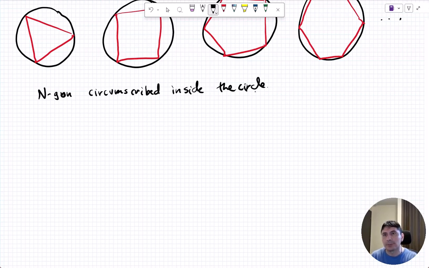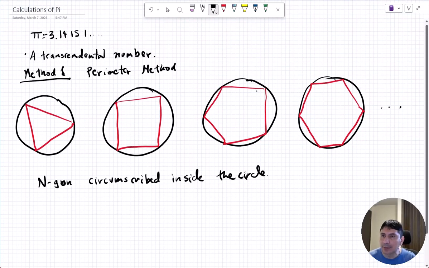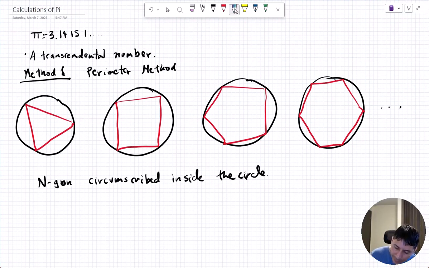So I'm just going to think of the regular polygon as being sliced into a bunch of isosceles triangles, right? So if you notice here, this is an equilateral triangle, so it's isosceles, right? However, the square can be split up into 4 isosceles triangles. The pentagon can be split up into 5 isosceles triangles, right? The hexagon can be split up into 6 isosceles triangles.